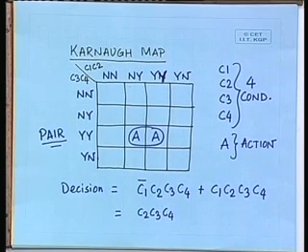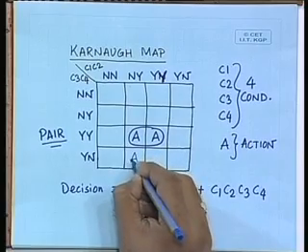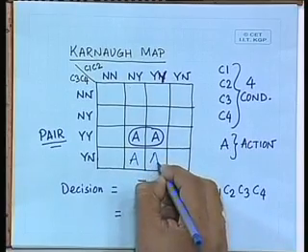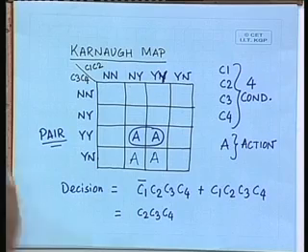Is it all right? So, this is the basic idea about KMap, but there is more to it. Let us say we have more A's now. So, we have what is known as a quad.